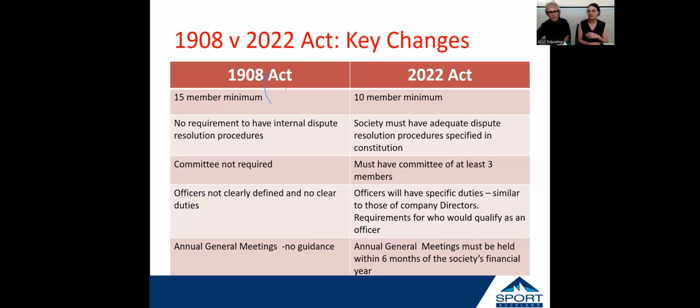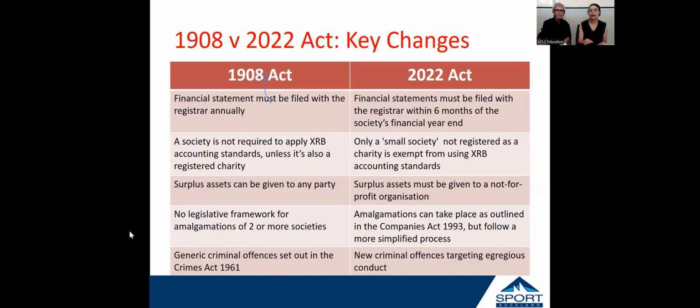And more of an administrative thing, but annual general meetings will also, under the new Act, need to be held within 6 months of the society's financial year. So that's just putting clear guidance in place on how often those need to be held, whereas before it was a bit unclear and there was no specific guidance on those AGMs or any meetings. Right, and still a few more.